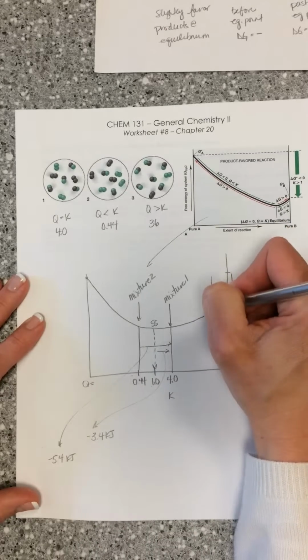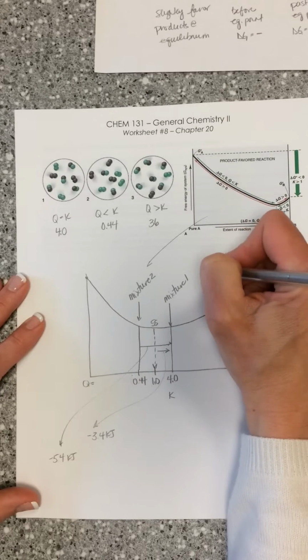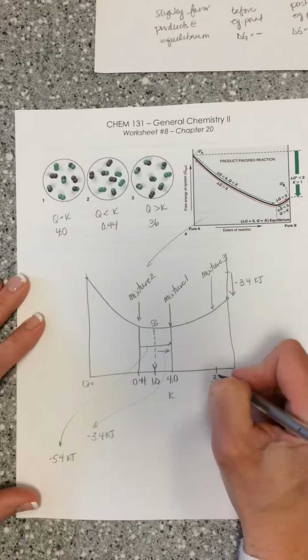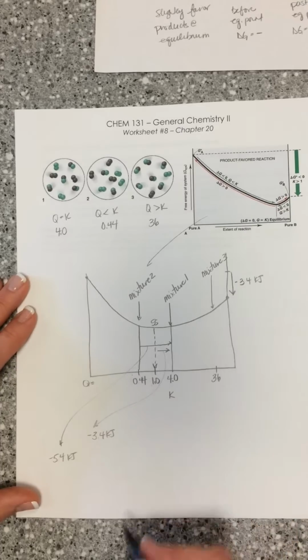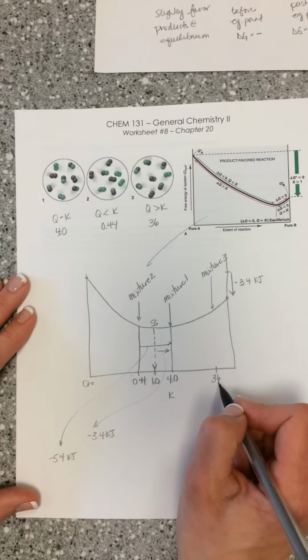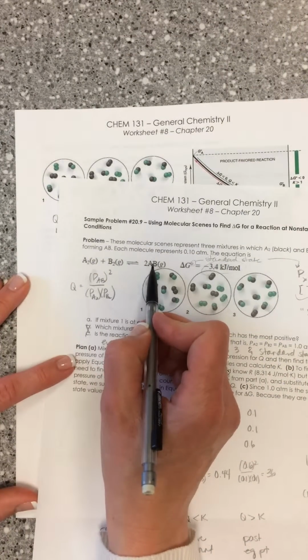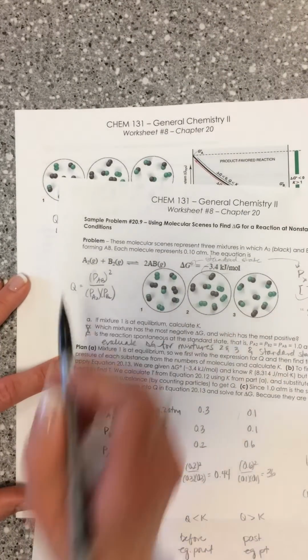Now again, for mixture 3, we have walked too far past K. We are too product heavy. What that really means is we can't use the same reaction as written and get less product and more reactant. That's not how that's going to work.